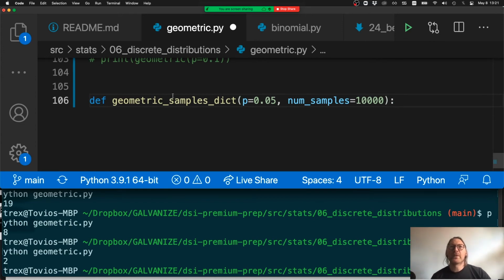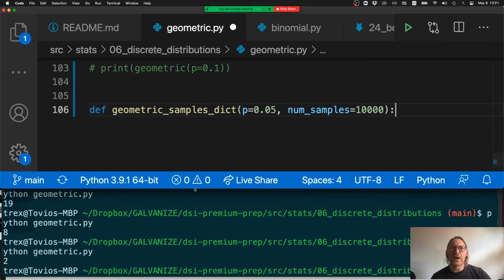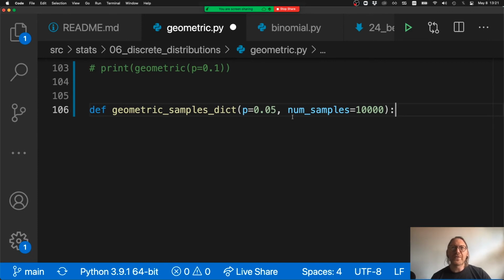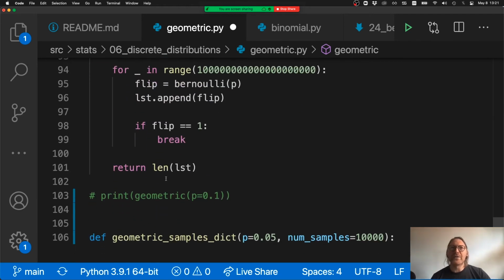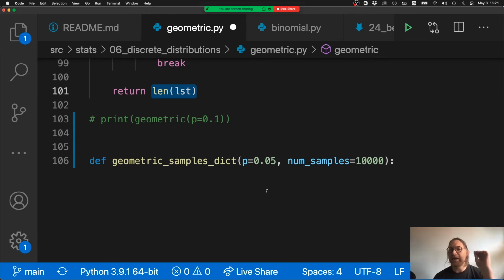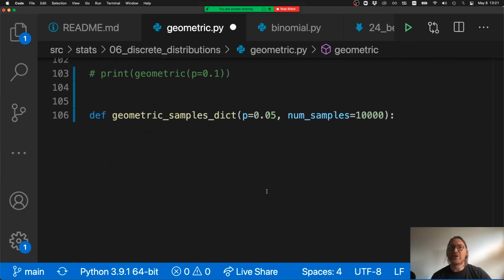So what we're going to do 10,000 times is call out to geometric, and we're going to get these integers back. We're going to check to see if that integer exists in a dictionary, and we're going to increase the counts of the occurrence of that integer being returned from geometric.